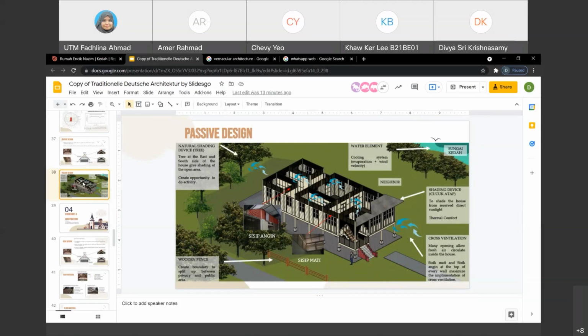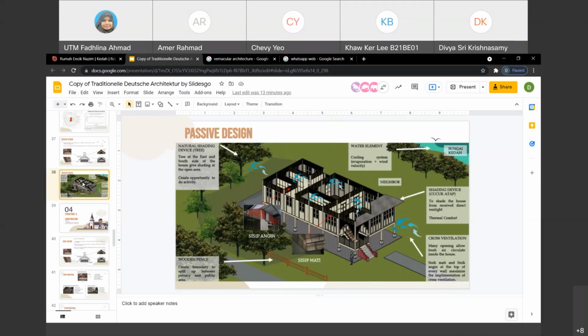There is also a water element, Sungai Kedah, a cooling system through evaporation plus wind velocity that brings cooling to the house.